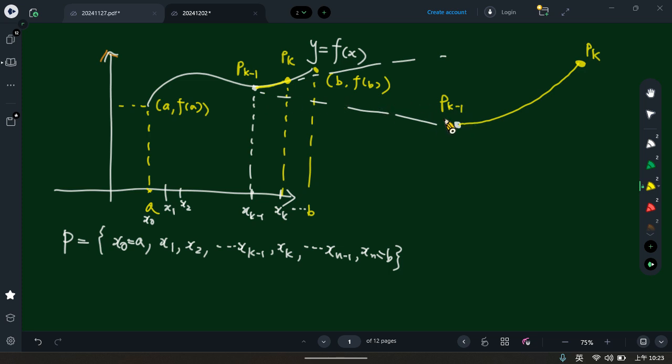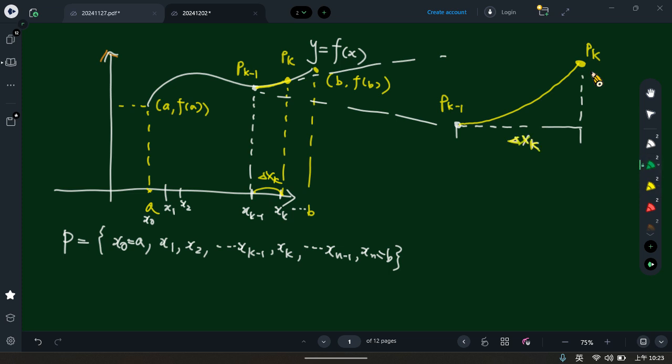So we want to calculate the arc length from P(k-1) to Pk. So of course, you can see, if this part is delta Sk, you can imagine that this part is delta Sk. So here is delta Sk, right?